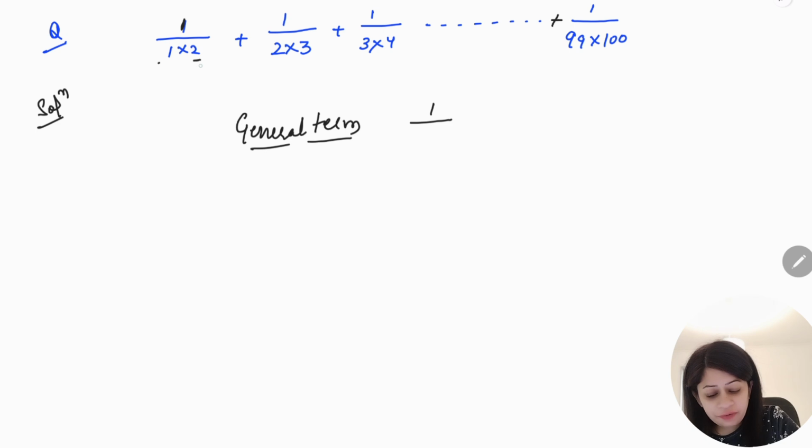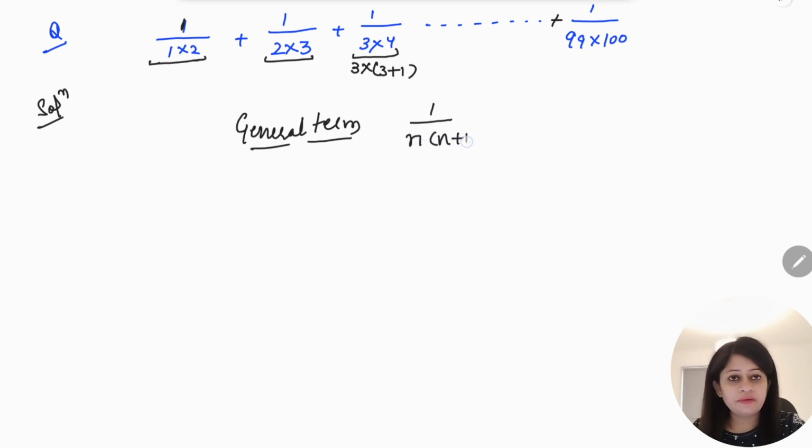In the second term you have 2 here and then 1 plus 2. In the third term you have 3 here and then 1 plus 3, like this is 3 times 3 plus 1, right? So actually the nth term, the general term, is n times n plus 1.